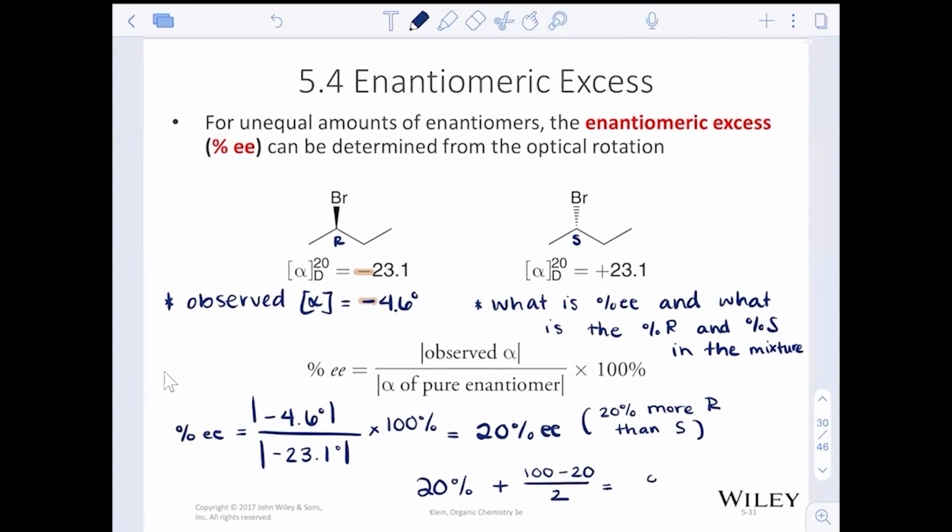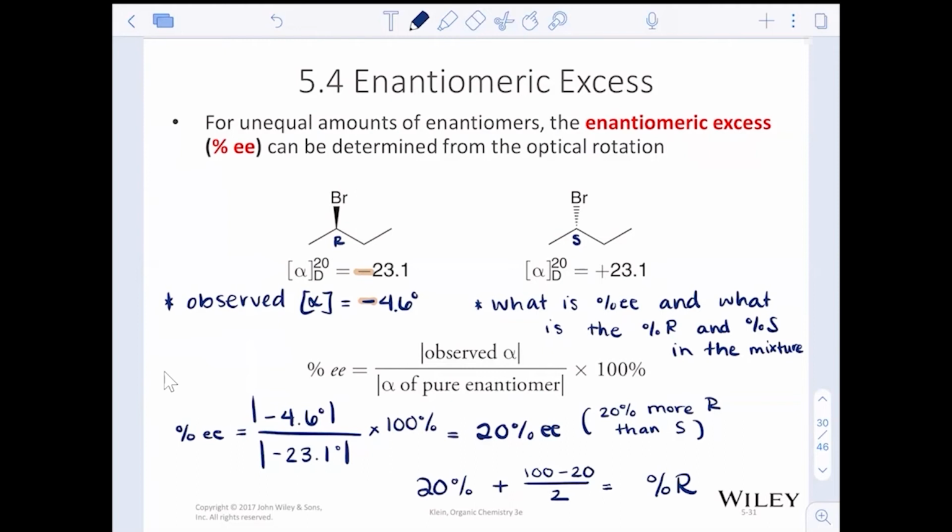This will tell me the actual percentage of R in the mixture. So why did I subtract 20 from 100? 80% of my mixture is racemic. What does that mean? 80% of my mixture is optically inactive. Half of that mixture is R, half of that mixture is S.